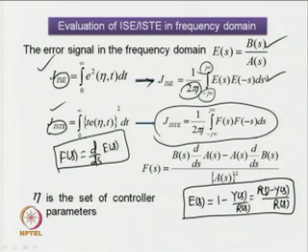Now, eta is the set of controller parameters, which are the unknowns in the expressions. So, these unknowns can be optimized by the minimization of the performance indices J ISE or J ISTE.